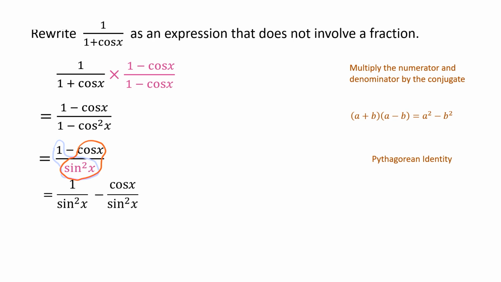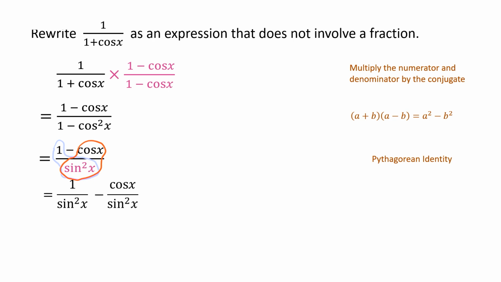So you can see that I have written this fraction in terms of 1 over sine square x minus cos x over sine square x. Well, let me tell you that even if you club these two fractions, you will get this result again. So it definitely shows that the value of the fraction doesn't get changed at all.